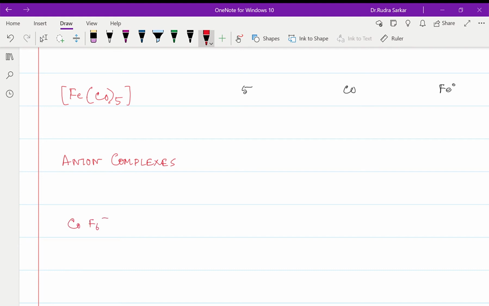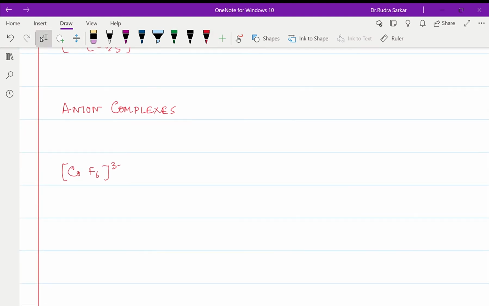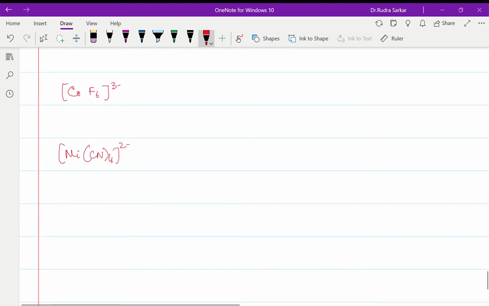Co Fe6 3 minus. This is an ion, but it is having a metal inside it. Again, Ni CN4 2 minus. Okay.